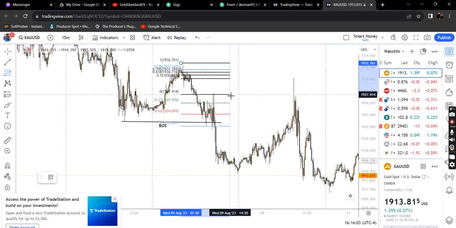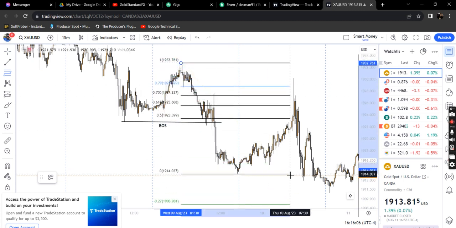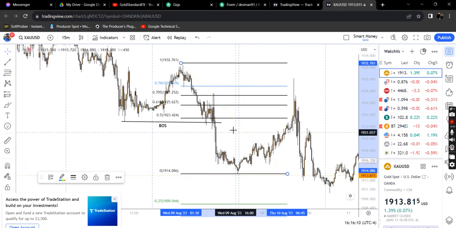And in this case, I always preach to my students that I like to see my fair value gaps above the 50, above the level of equilibrium.